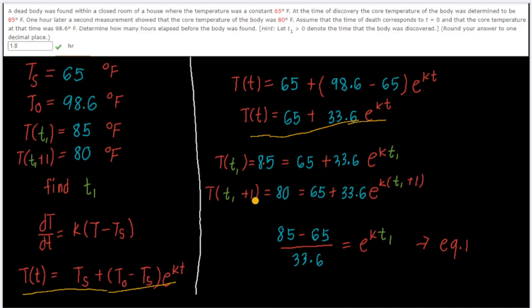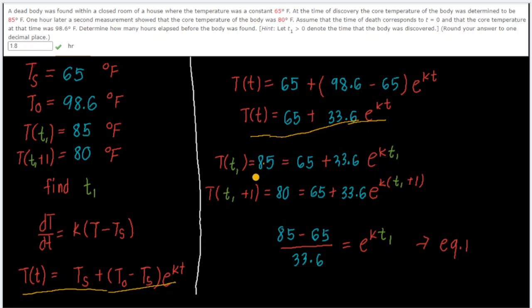And after 1 hour, the recorded temperature is now 80 degrees Fahrenheit. That's why we have 80 equal to 65 plus 33.6 e to the k times the quantity t1 plus 1. Now, let's derive equations to find the unknown variables k and t1.